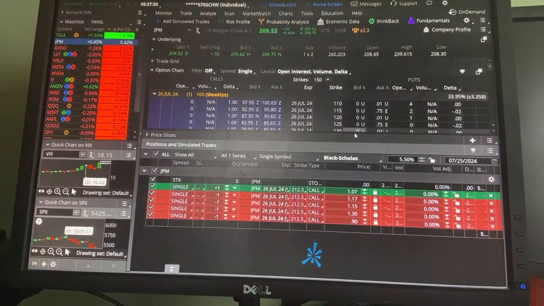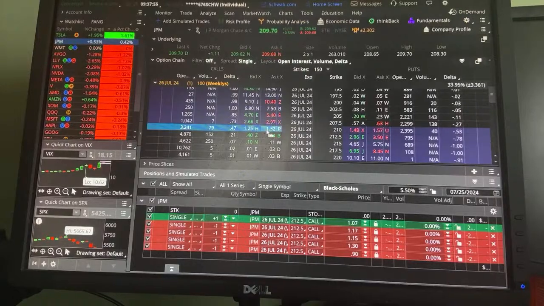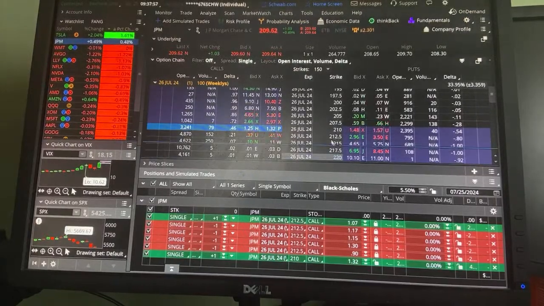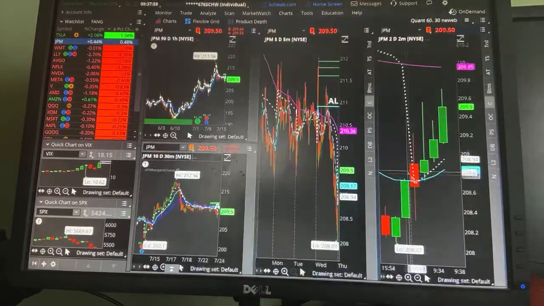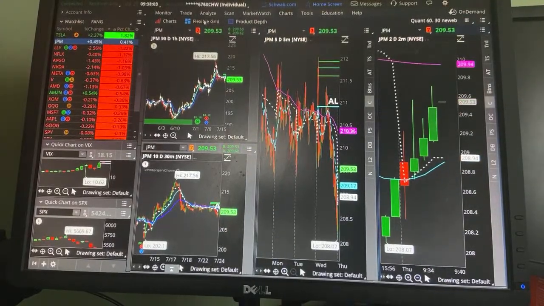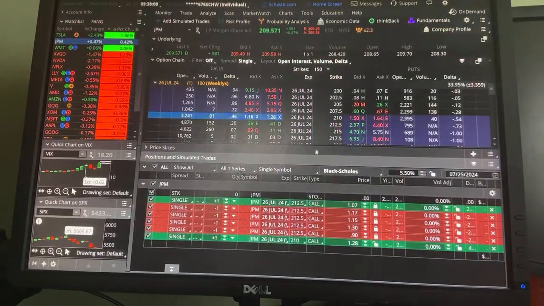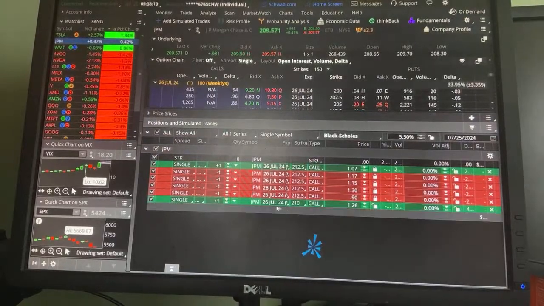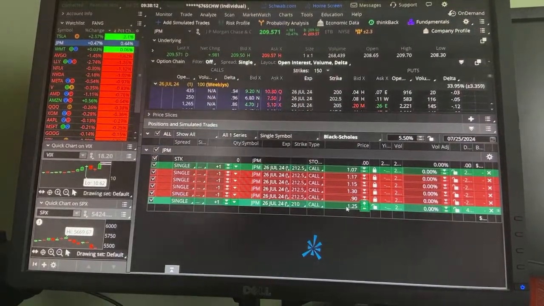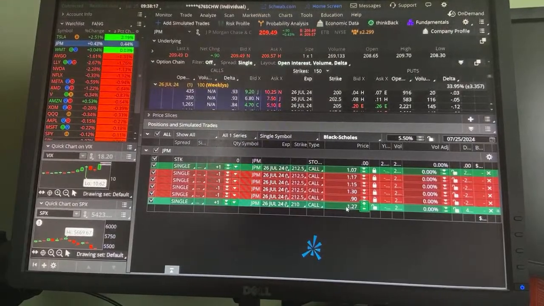JP Morgan, this was yesterday's trade. Let me see. If you pick up the 210 strike, they're going for about $1.32, that bottom one right here. All right, so 210 strike call, that bottom one right there, July 26th, for a quick little day trade long call, JP Morgan. I gotta be very careful with that AMD because I looked at that weekly level down there and that was a caveat on that.